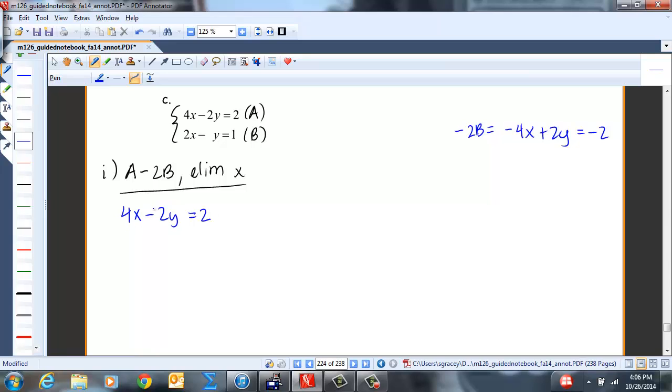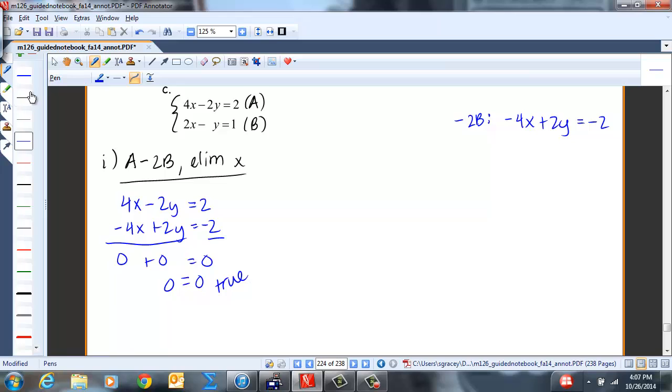And the second one we're going to write as negative 4x plus 2y is equal to negative 2. So let's see, we have 0 plus 0 is 0. 0 does equal 0, right? So that's a true statement.